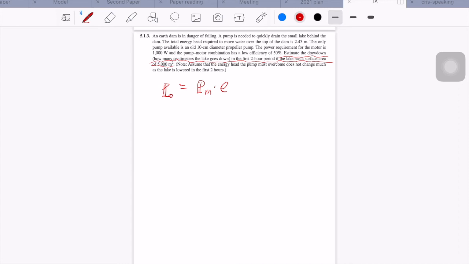From this problem, we know P sub M equals 1000 watts, and the pump system efficiency equals 50%. So we can calculate that P0 equals 500 watts, which can also be described as newton-meters per second.